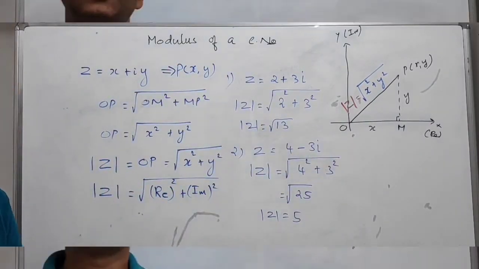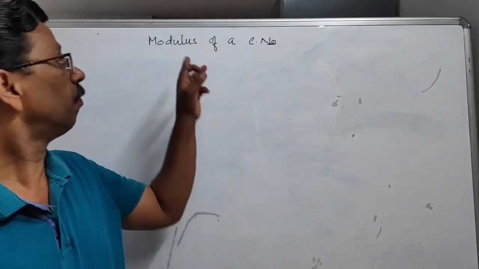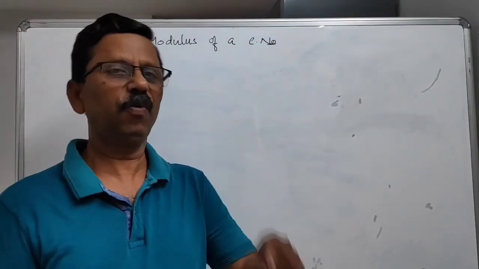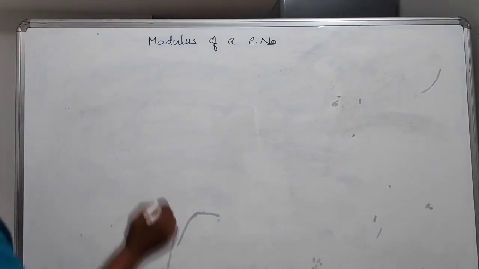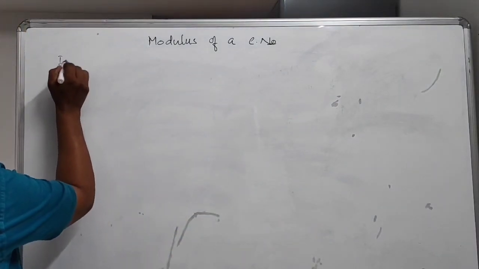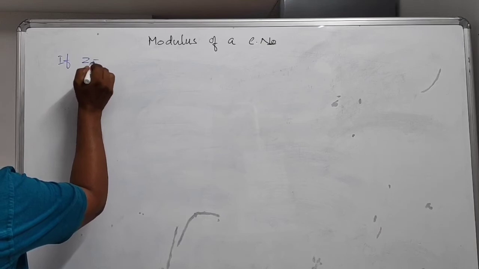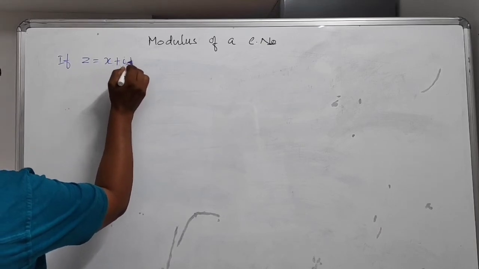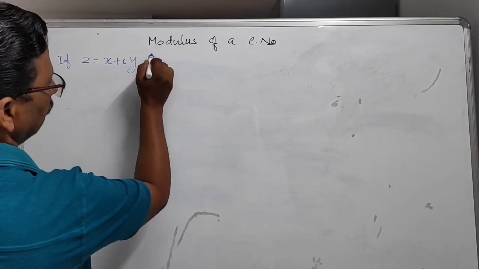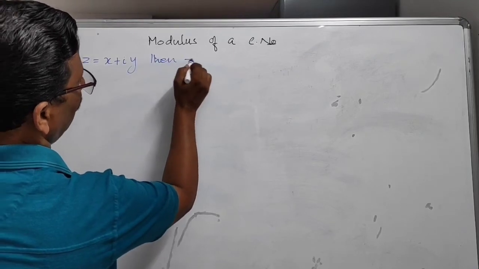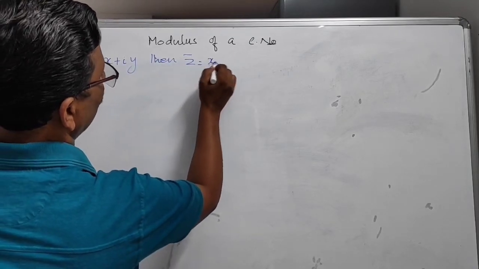Now let's see the properties of the modulus of a complex number. Before that, we will see one result. If z is equal to x plus iy, then what is z bar? Z bar is equal to x minus iy.